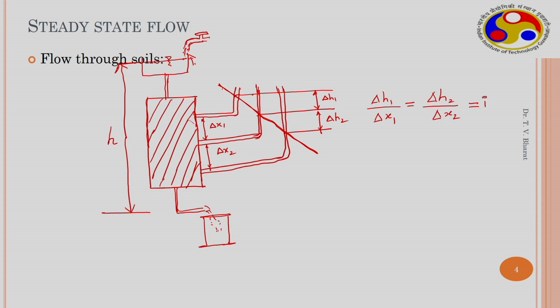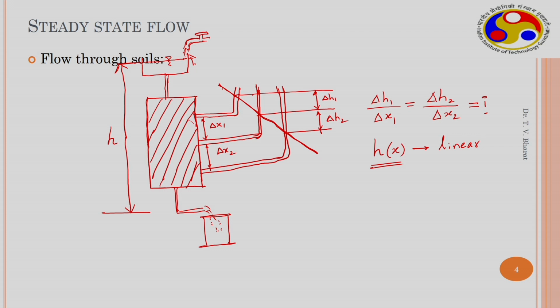So the head drop across any given length of the soil specimen will be constant, that is, the hydraulic gradient is constant throughout this test when you maintain a constant hydraulic head across the soil sample. So this is how we conduct a test, and this is linear. The head varies linearly with depth. The head variation with x is linear in steady state saturated soils.